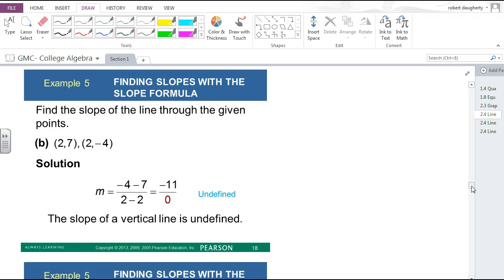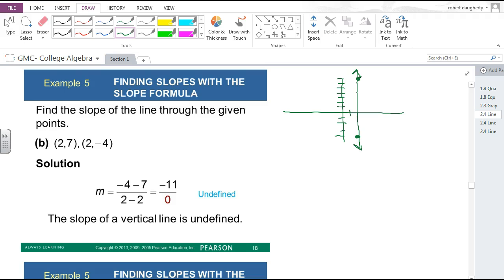Find the slope of the line going through these two points. If I look at this, the point (2, 7) is right there, and (2, negative 4) is down here. So this is a vertical line. I'm trying to figure out the slope.